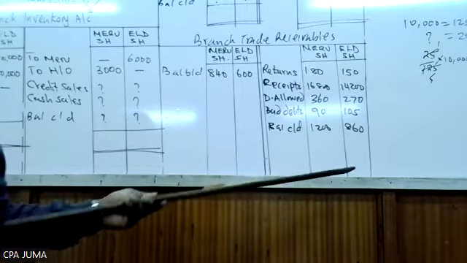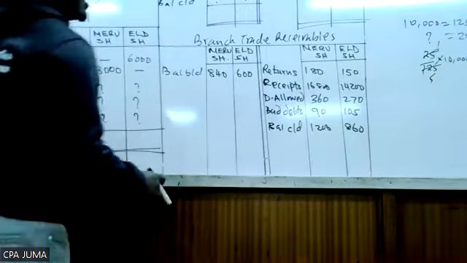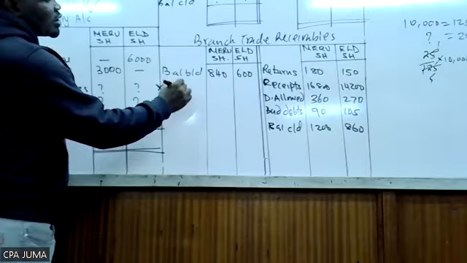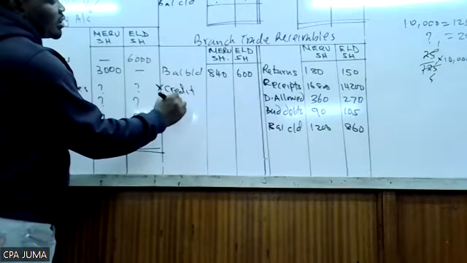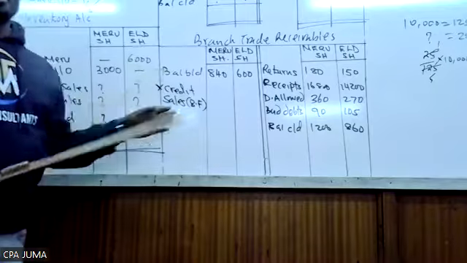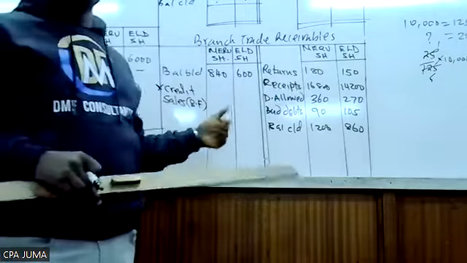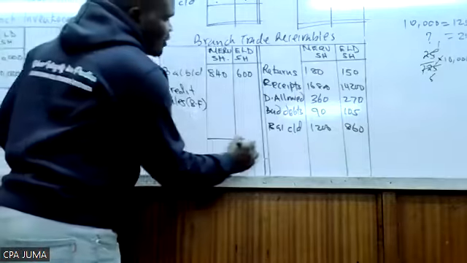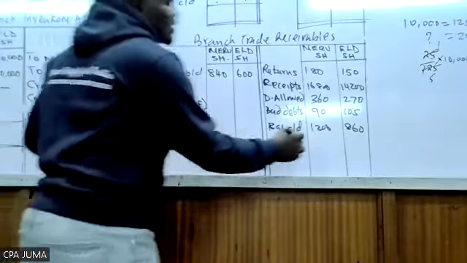But already we have this. So if you have all that in trade receivables, then your balancing figure is credit what? Credit sales. That is how you get credit sales. If you have opening and closing receivables, then the balancing figure will always be credit sales. So can you give me the credit sales as your balancing figure?